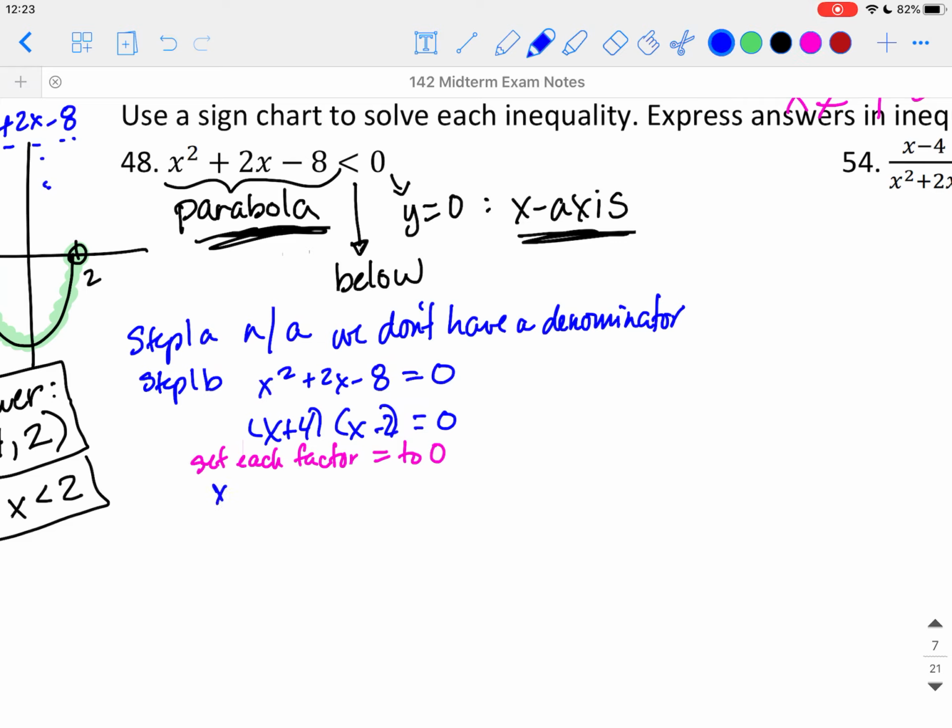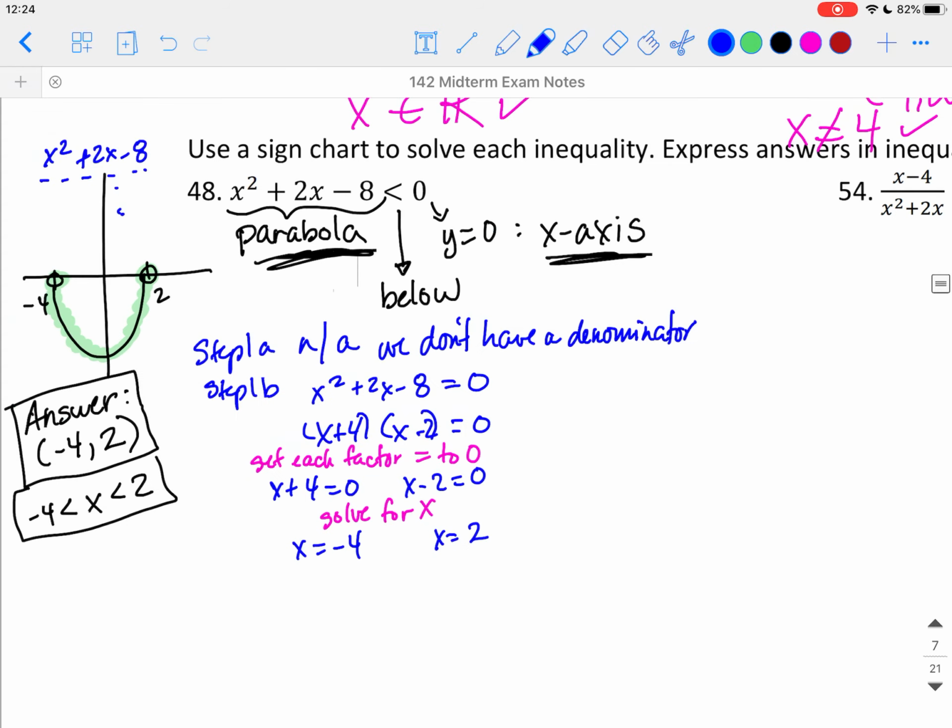So I'm going to have x plus 4 is equal to 0 and x minus 2 is equal to 0, and I'm going to solve for x. So I'm going to have x equal to -4 and x is equal to +2. So that's step 1. Step 2 says plot the numbers found in step 1 on a real number line.